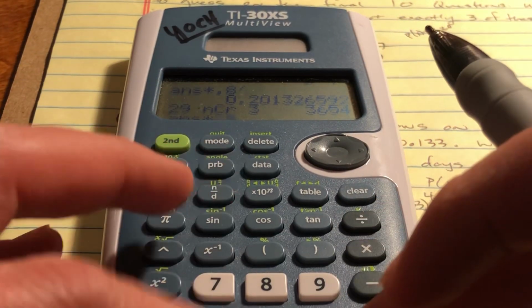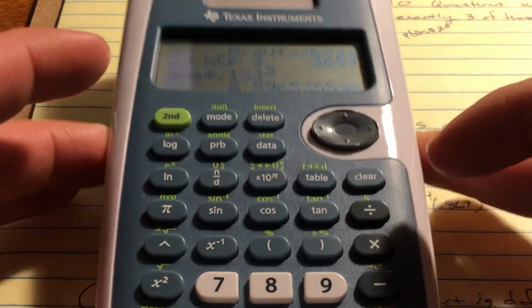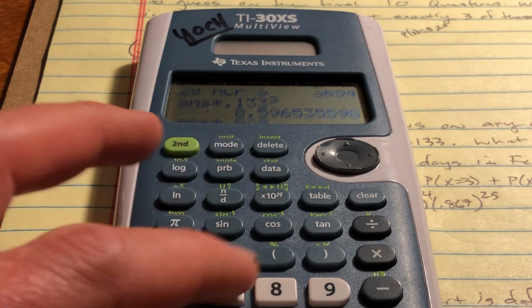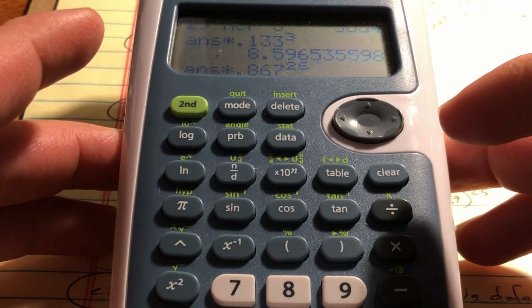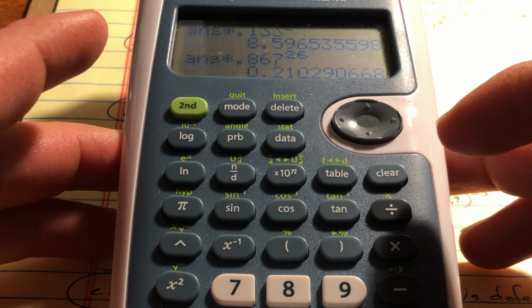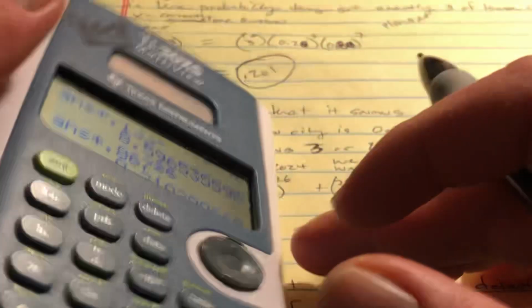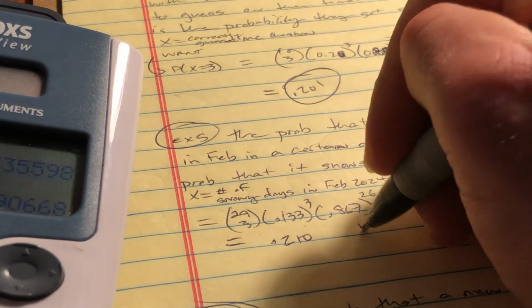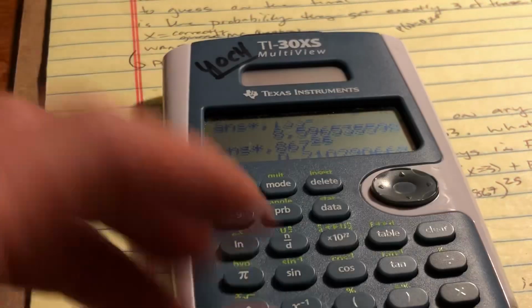I'm going to multiply that by 0.133 raised to the third power, then multiply by 0.867 raised to the 26th power, since I want it to not snow 26 days. So the probability it snows 3 days is 0.210. We'll talk about expected value and what answers would make sense and what answers wouldn't on Wednesday.